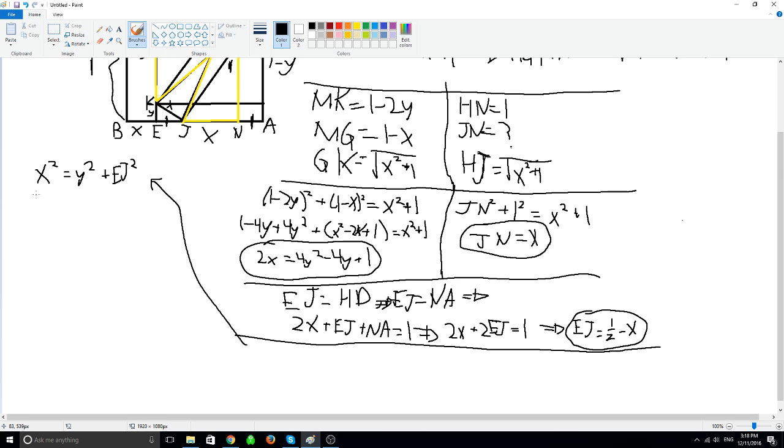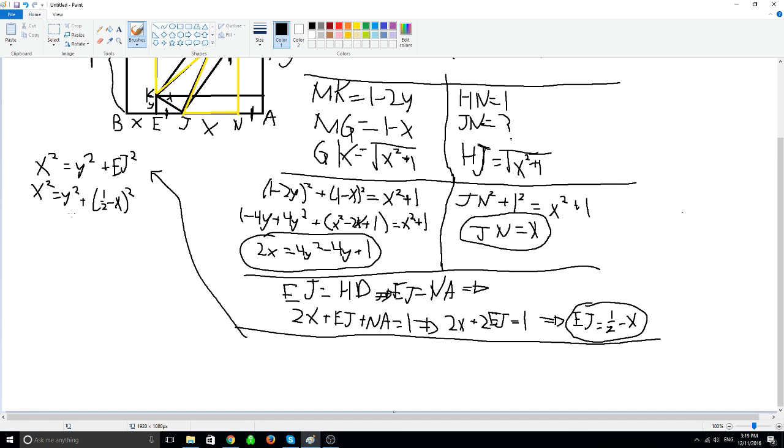So now we have x squared is equal to y squared plus (1/2 minus x) squared. Now you can tell that the x squared will cancel, so we have no ugly quadratic, and x squared is equal to 1/4 minus x plus x squared. Now simplifying even further, you get y squared is equal to x minus 1/4.